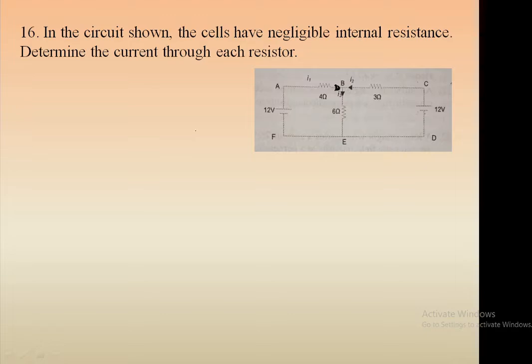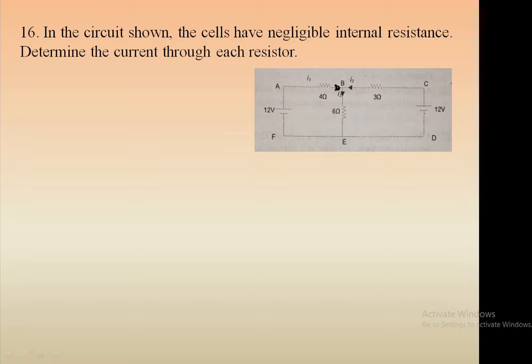In order to find the current through each resistor, we are going to apply Kirchhoff's laws. For applying the Kirchhoff's laws, we have to apply both laws, and for the second law, we have to specify the direction.